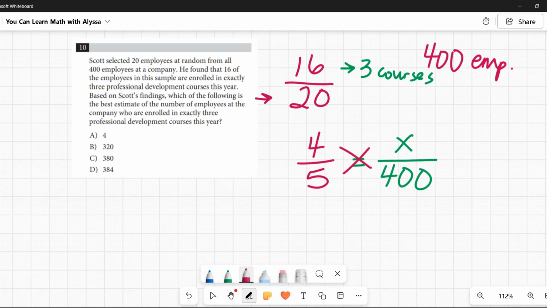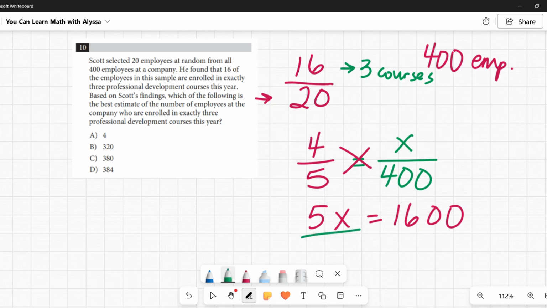So same thing, we would cross multiply. 5 times x is 5x, and 4 times 400 is 1600. Then we would divide both sides by 5 to undo that 5 times x, and we are going to get 320.